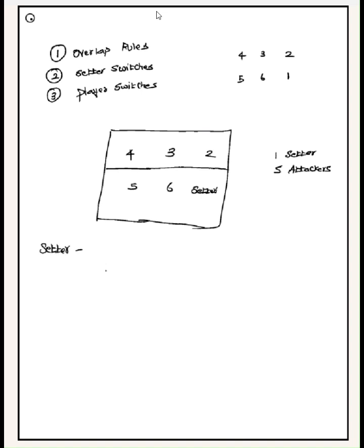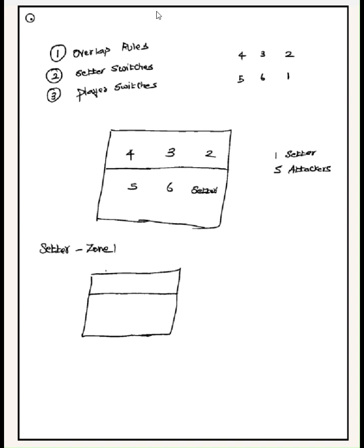When the setter is in zone 1, the thumb rule when we receive the serve is that we should isolate the setter.